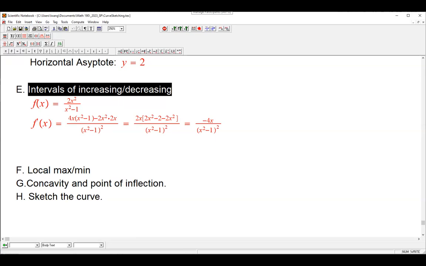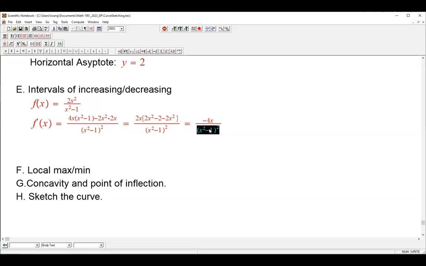And what kind of situation is that? Denominator is always positive. Numerator, we have a negative 4x. So when x is positive, negative 4x will be negative, right? When x is negative, negative 4x will be positive. So when x is negative, x is negative times negative 4, that's positive.